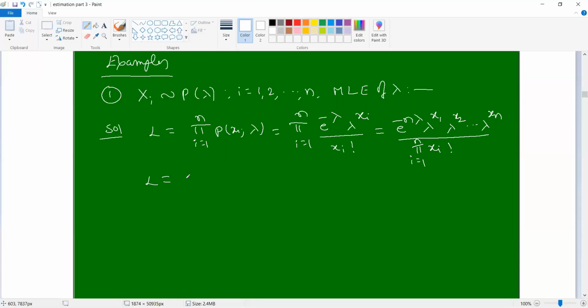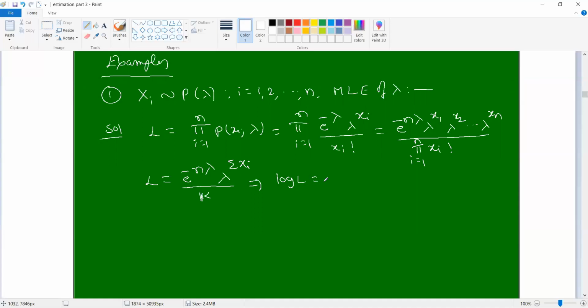L is equal to e power minus n lambda, base equal powers adding, lambda power summation xi, by k. K is what here? A constant value, k equals product of xi factorial. For our convenience, we have to take this one. So next, apply the logarithm on both sides.